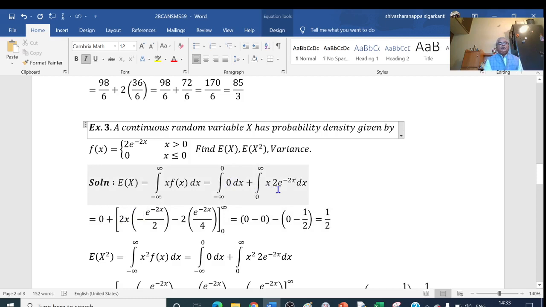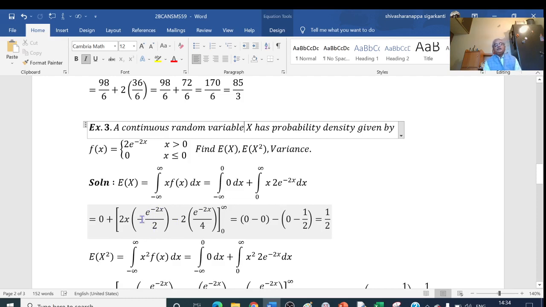Plus, I will integrate this by the general rule of integration by parts. I will take 2x as the first function and e^(-2x) as the second function. First I write the first function as it is, 2x into the integration of e^(-2x), which is e^(-2x) by minus 2.